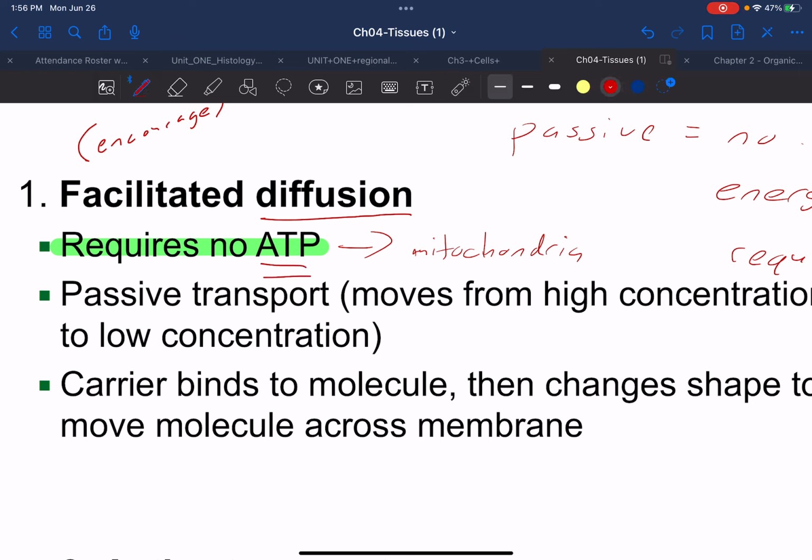Right now, all we need to know is that ATP is what gives energy for chemical reactions. And it's created by the famous mitochondria. That's why it's called the powerhouse of the cell, because it produces energy, or ATP.